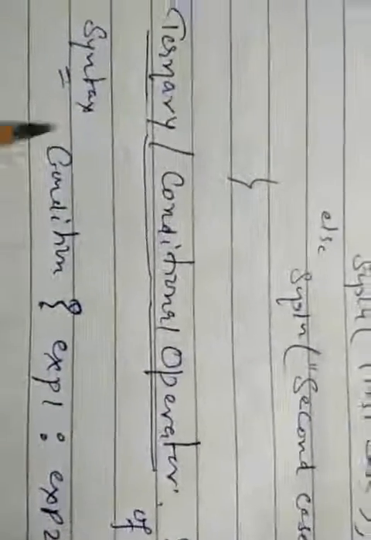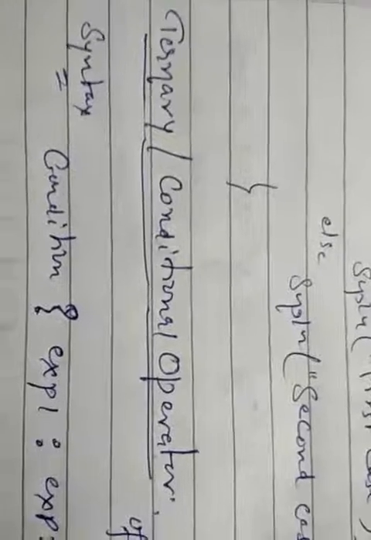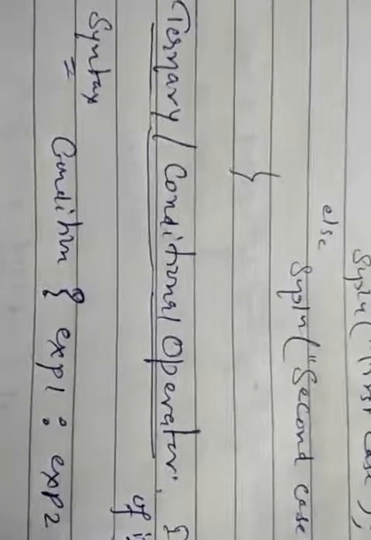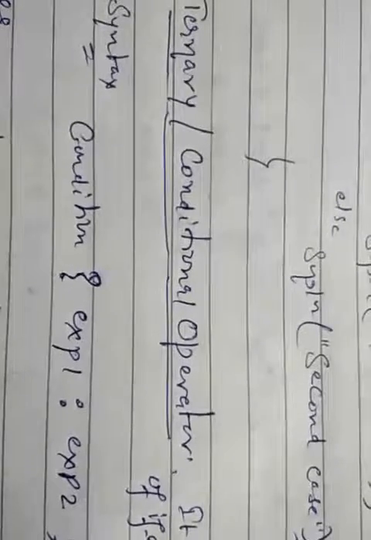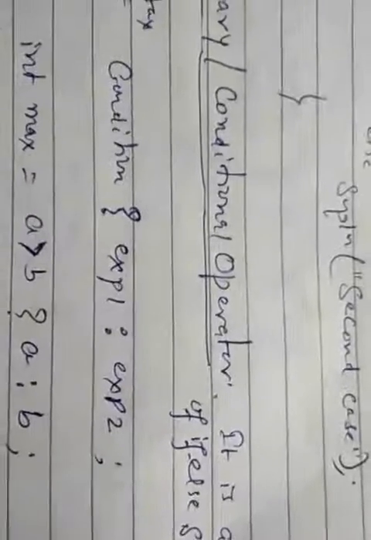And now the next topic is the ternary operator. Ternary operator is an operator which works on three operands, and it is also called a conditional operator, and it is a substitute for the if else statement. The syntax of the ternary operator is, here will be a condition.